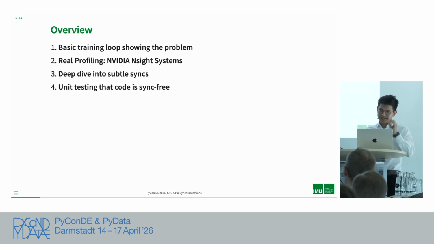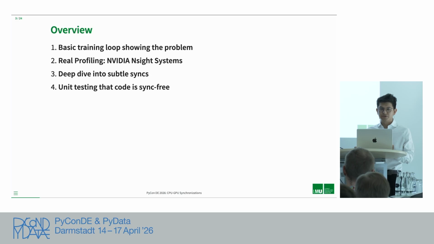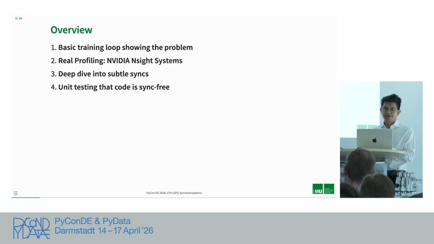Then we will dive a little bit deeper into more subtle patterns that trigger synchronizations. And finally, we will have a look at unit testing to check whether your code contains synchronization so that you can be confident that your code is synchronization free.